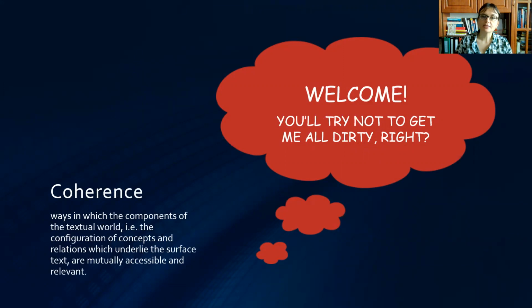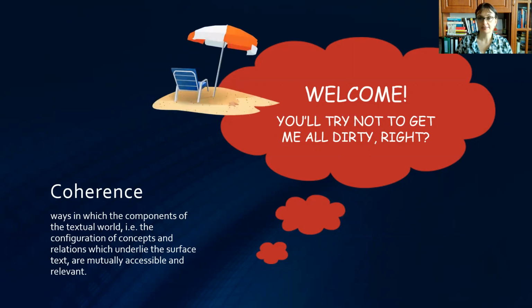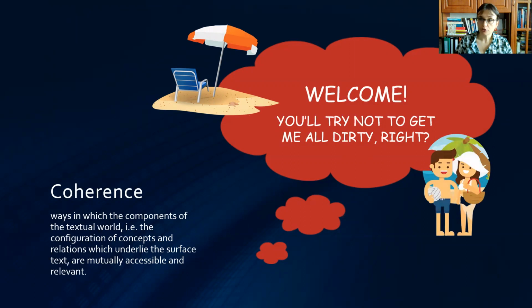Coherence refers to ways in which the components of the textual world, that is the configuration of concepts and the relations which underlie the surface text, are mutually accessible and relevant. So when seeing this bubble on a beach in Barcelona, the beachgoers know that it is not actually the beach talking to them, right?